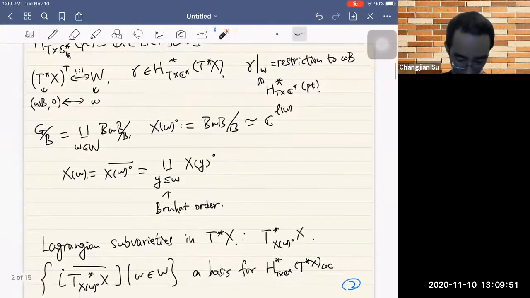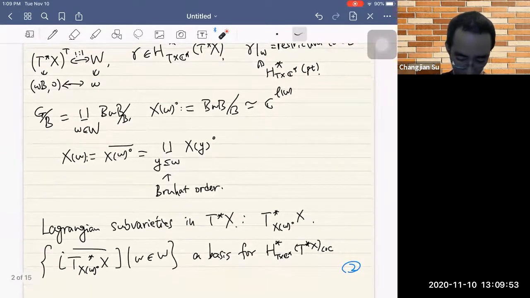Anyway, since this is a symplectic variety, there is a lot of interest in Lagrangian subvarieties inside this Springer resolution. The typical ones are just the conormal bundles to the Schubert cells.